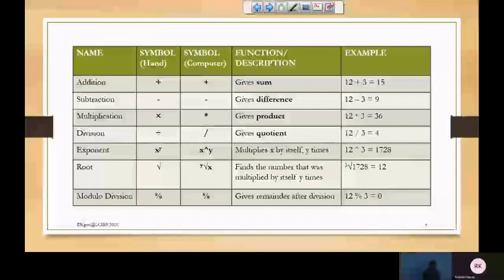It's 36. The division there also, we've used the computer symbol there, which is a slash. 12 divided by 3 is 4. So having said that, we can now move on to this next one there, the exponent. There is a little section that will be dealing with exponents only.